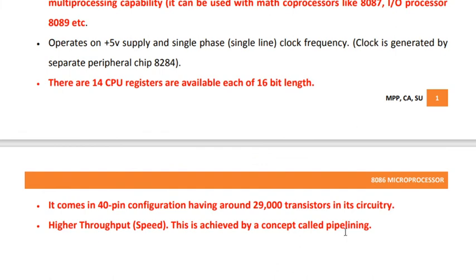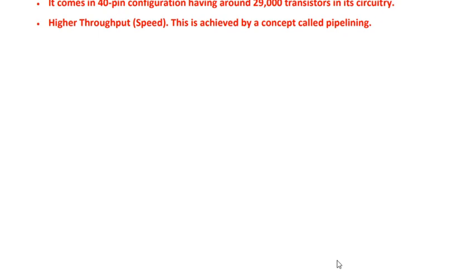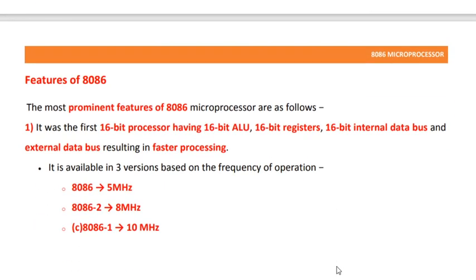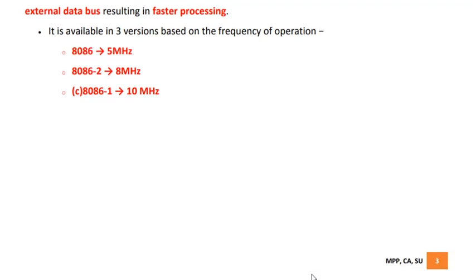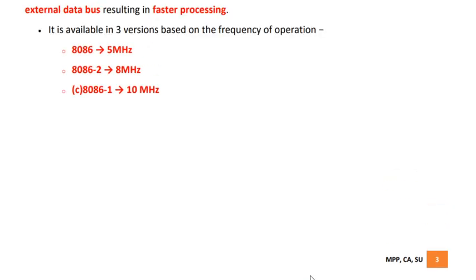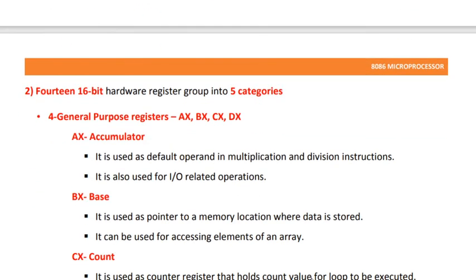Then we have come across some of the notable characteristics of the 8086 microprocessor, where we have learned about the description of the ALU, the size of the registers, the size of the internal and the external data bus. We have also learned about the various versions of the 8086 microprocessor.